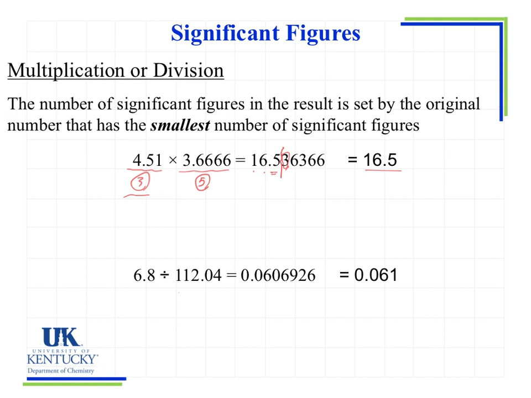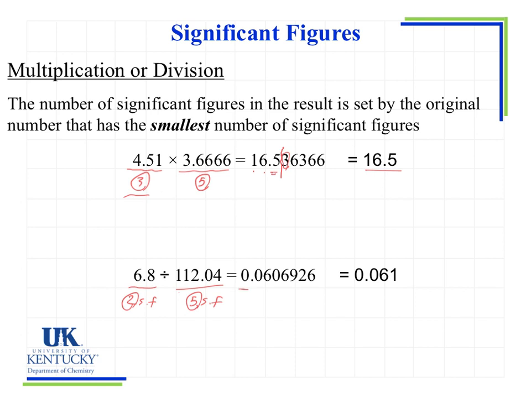It's the same thing with division. How many sig figs do we have here? We have 2 sig figs, and here we have 5 sig figs. So how many sig figs should the answer have? It's 2 and this is 5, so the answer should have 2 sig figs.